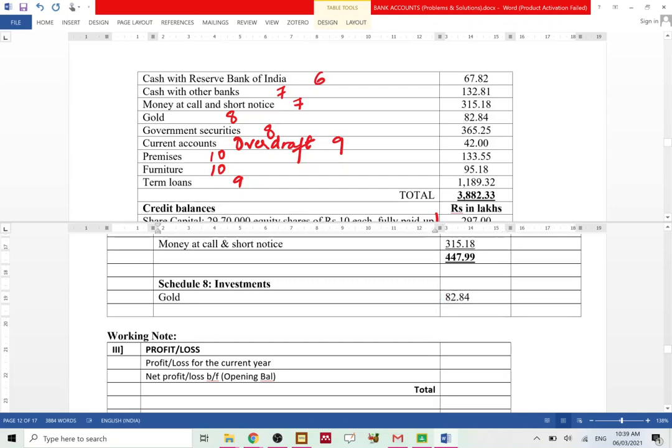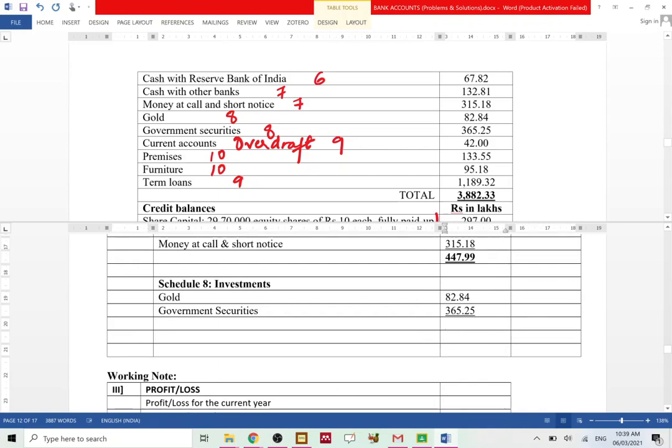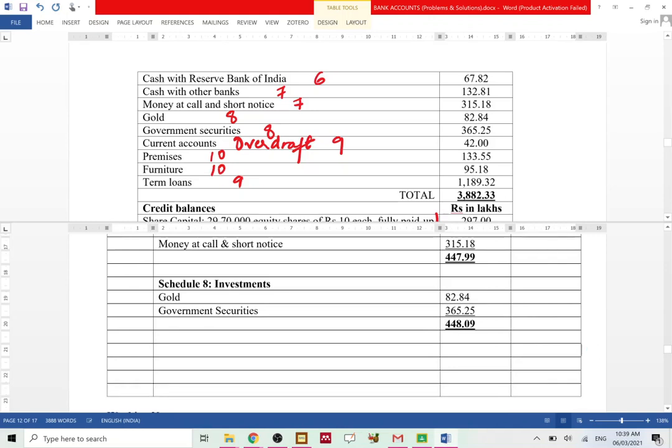And we have government securities, which are 365.25. Okay, and the total of this being 448.09. Right. So once again highlight it, and we have the total of schedule 8.